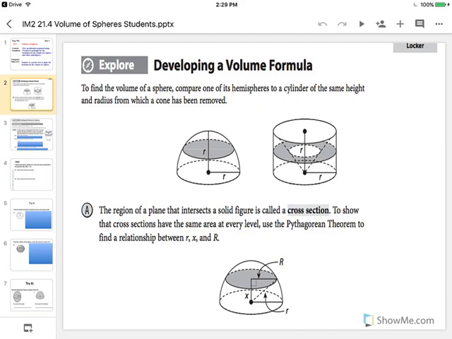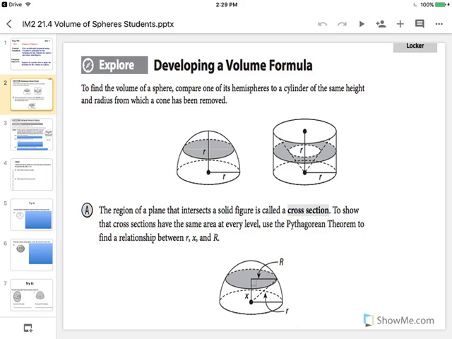The region of a plane that intersects a solid sphere is called a cross section. To show that the cross section has the same area at every level, use the Pythagorean Theorem to find the relation between r, s, and capital R.